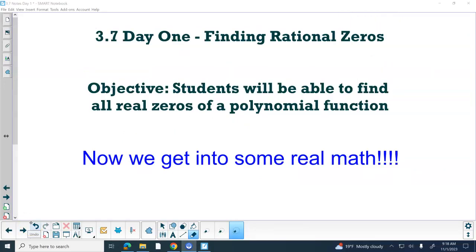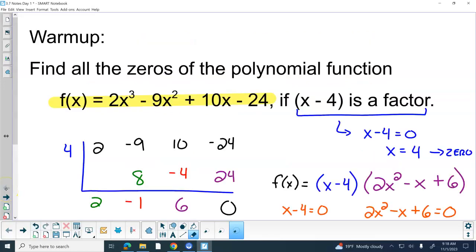So today, what's going to happen? Last week, we gave you problems that looked exactly like this, where we gave you this ugly looking polynomial function, and we said, here's a 0, here's a factor, find me the rest.